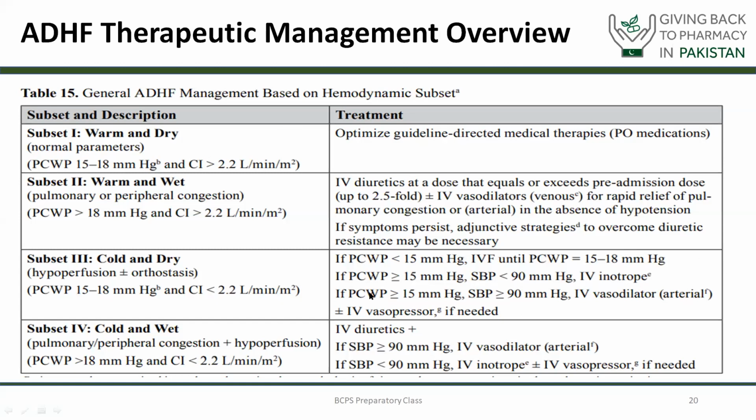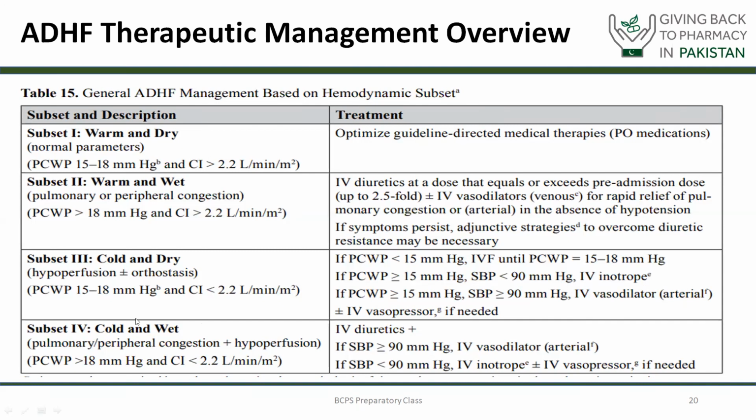On the other side, if PCWP is greater than 15 millimeters of mercury, it again tells us that the volume is good in the body, and the systolic blood pressure is greater than 90 millimeters of mercury, you will give a vasodilator. You have to distribute the blood or volume in the body properly.